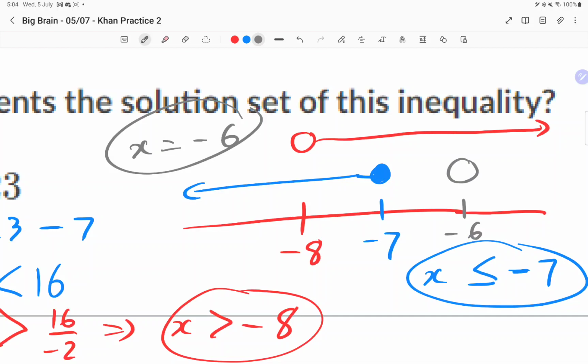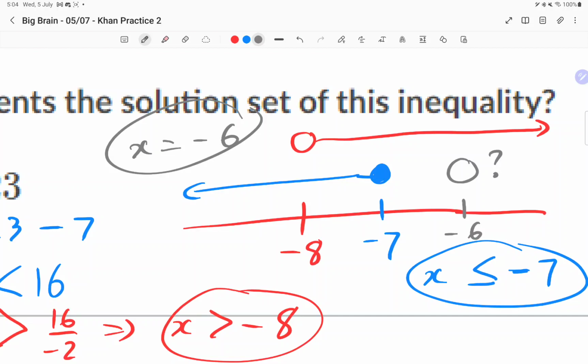Okay, Evelyn, what do you think? Is that right? If not, how would you change it? No? Okay, so Lina. Would it be a hollow dot at negative 6? If not, then what else would it be?